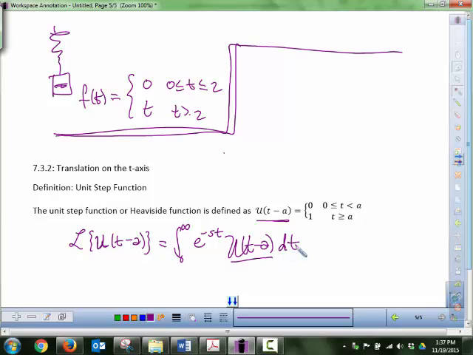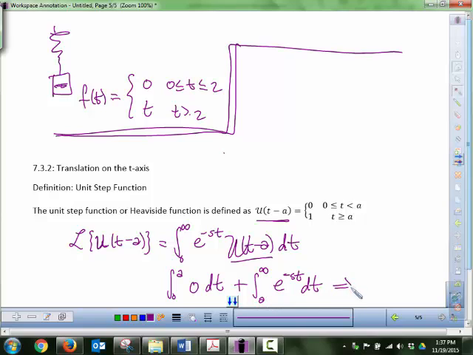Now, this is equal to 0 from 0 to a. So this has no contributions for all these values, and then now you just start from a to infinity of e to the negative st dt. And since u is equal to 1 when t is bigger than a, I just have a 1 here that you can't really see, but there's a 1 there.